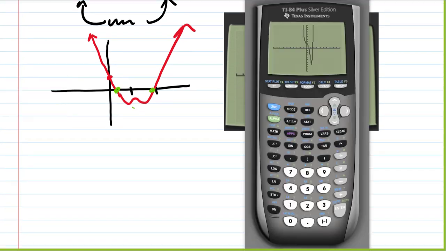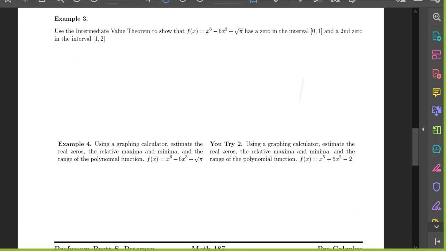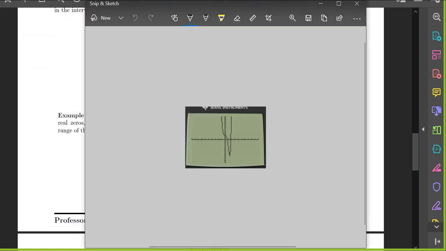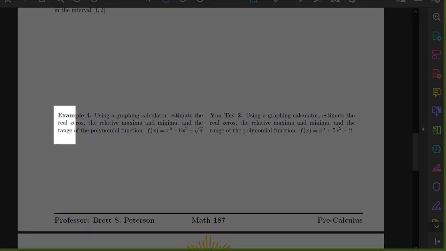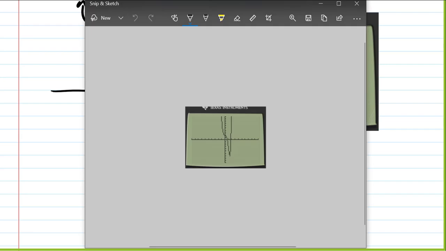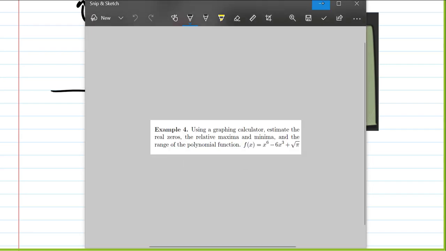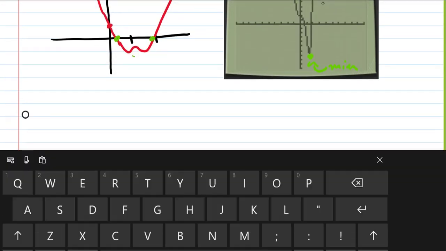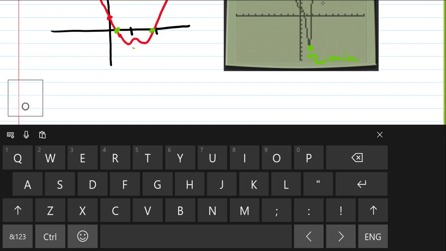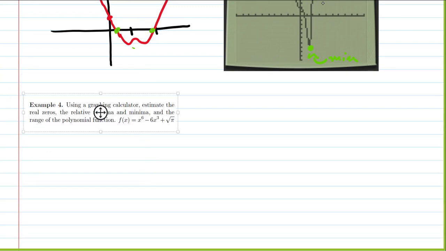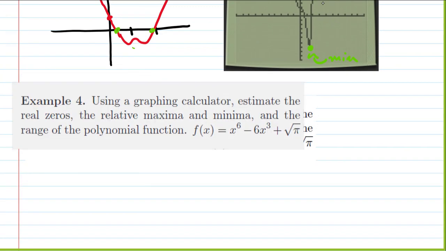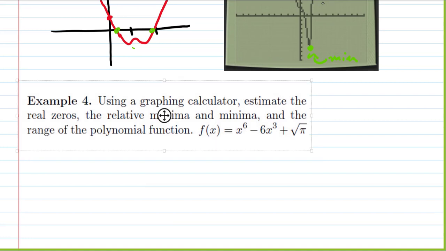All right, so now let's look at our next one, which involves actually this exact polynomial. It says use our graphing device to estimate the real zeros of this function, the relative max and the relative min, and the range of the polynomial function.